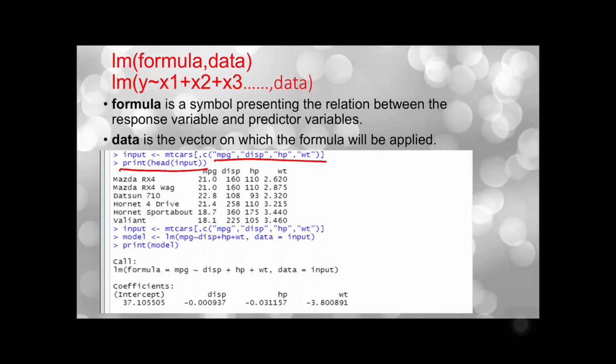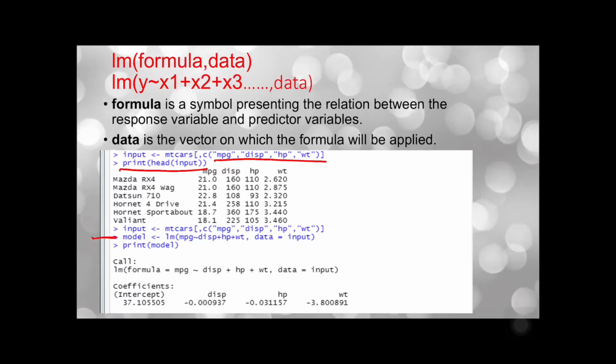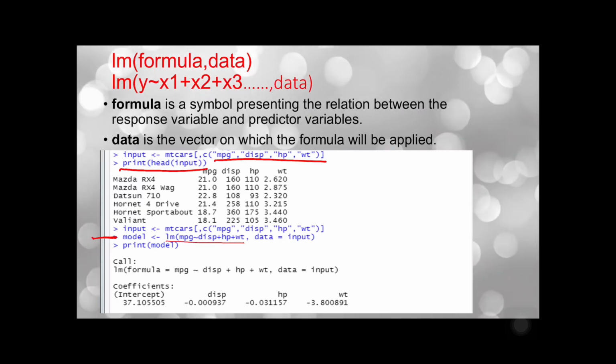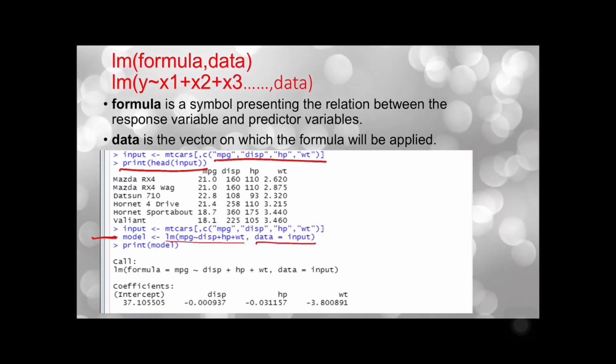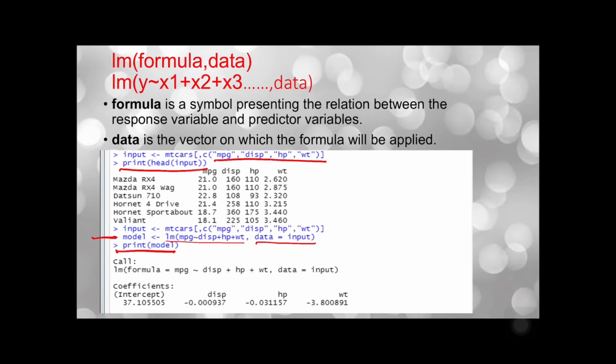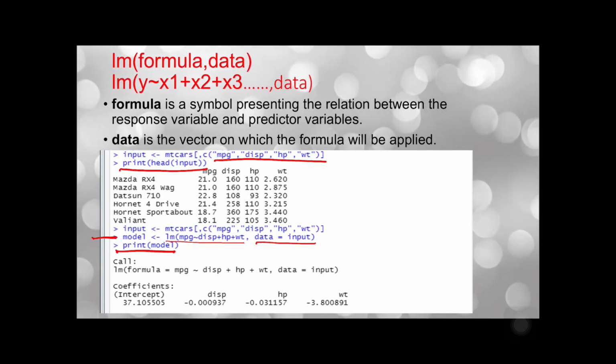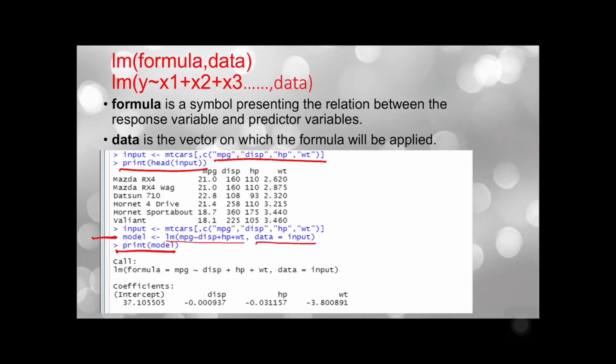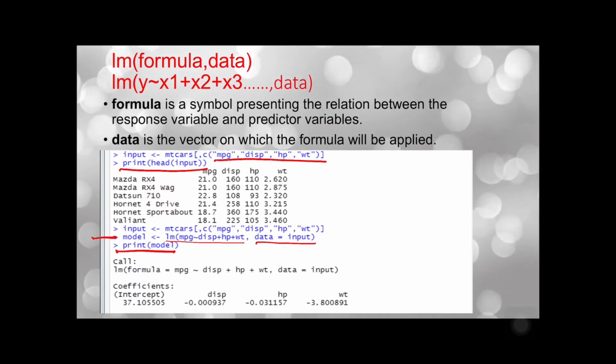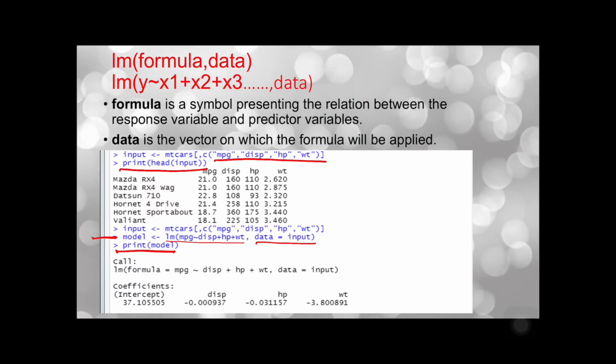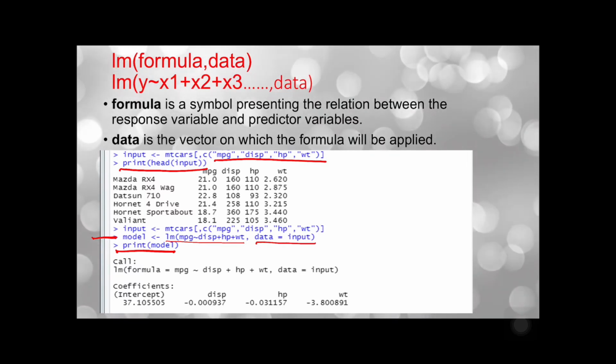Then we create a model and we use the function LM, the formula and data, and then we print the model. Now once we execute this particular code, we get the values of different coefficients, the intercept value and the coefficients for displacement, horsepower and weight.